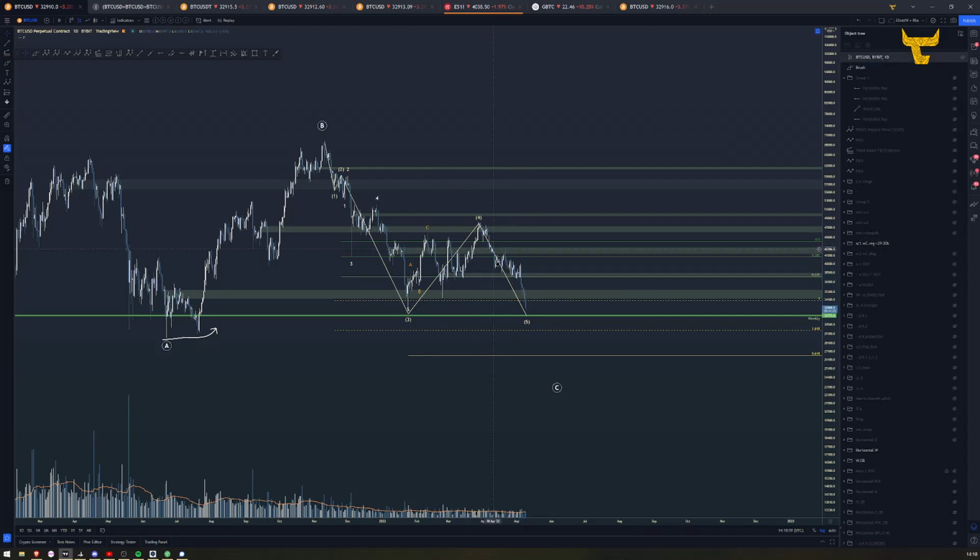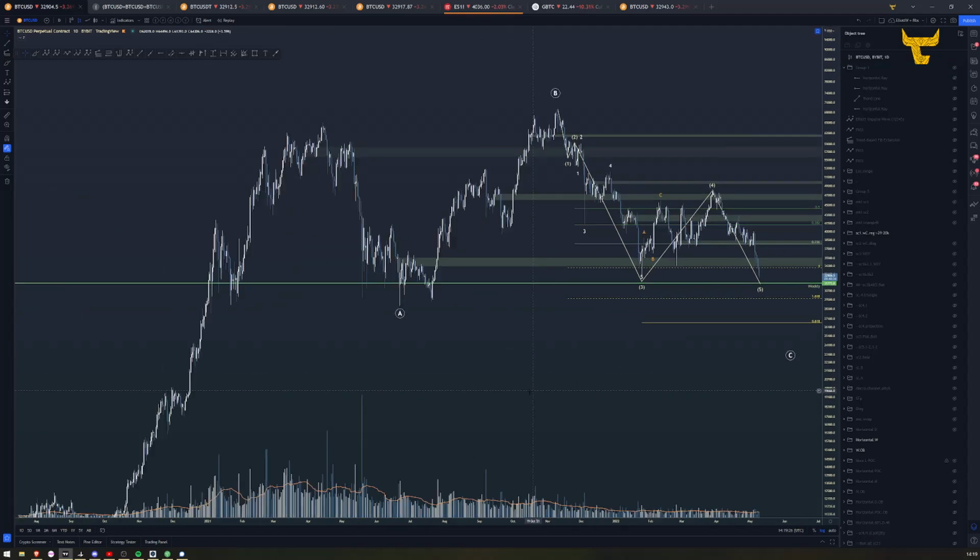But it seems that we are seeing support being sold by some big players, so it doesn't seem like a flush. It seems like someone is pushing through support and allowing a small trader to buy support to distribute a bit at support and eventually break down.